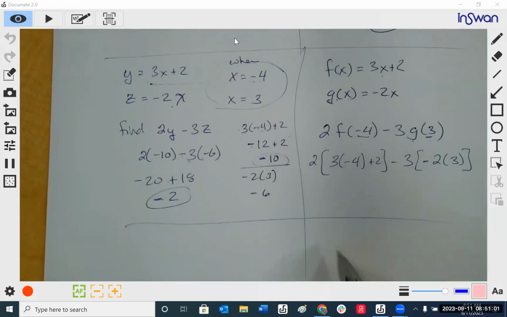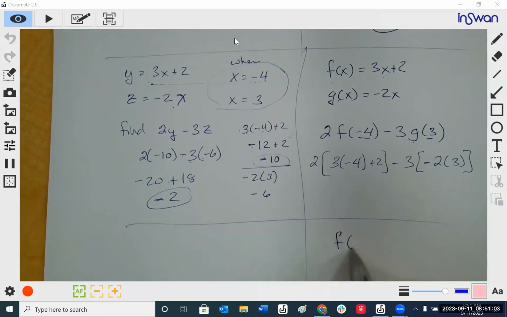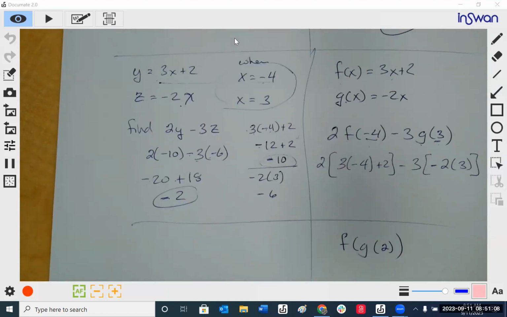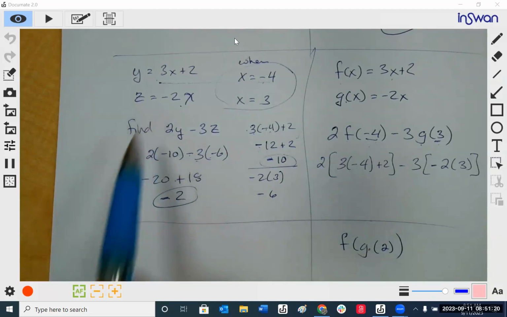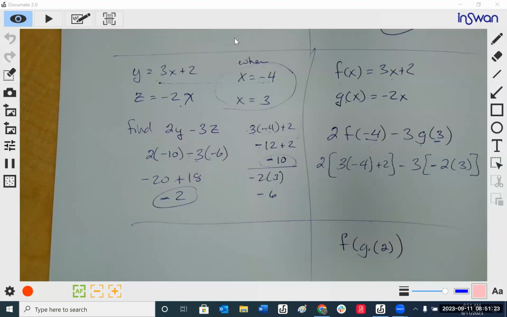I can also, in functions, and this will be a discussion we'll have later on, we'll have what we'll call compound functions, f of g and g of f. So you can't do this with those. All right.